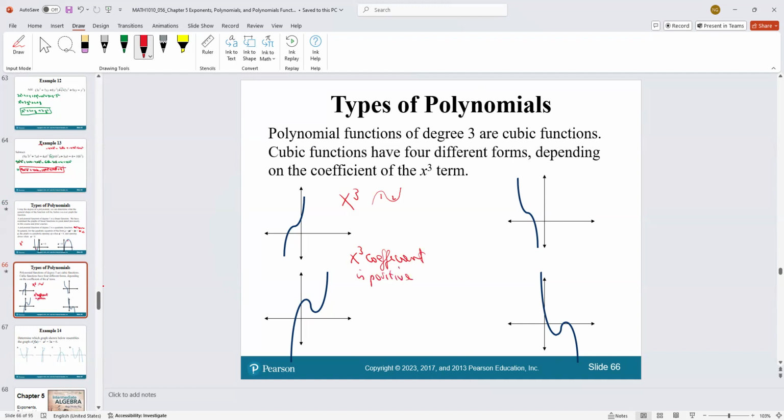But if the x cube coefficient is negative, you fall from left to right. You see, you fall like this. Rise like this. You see, you rise, going up from left to right.